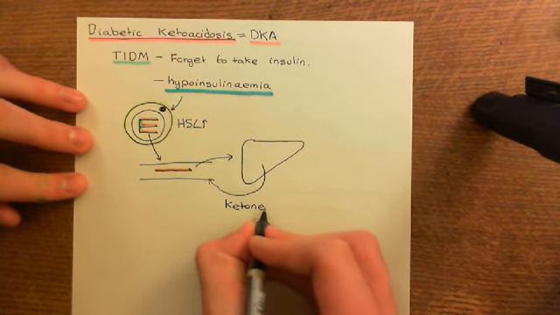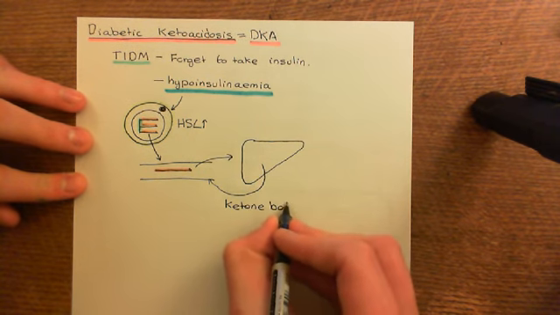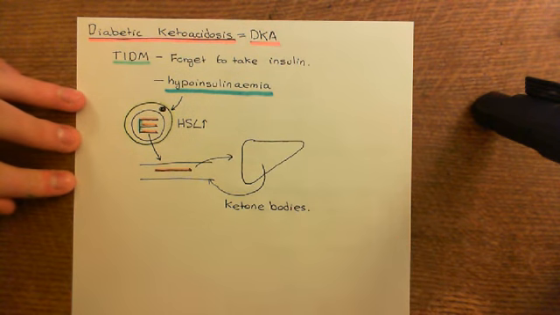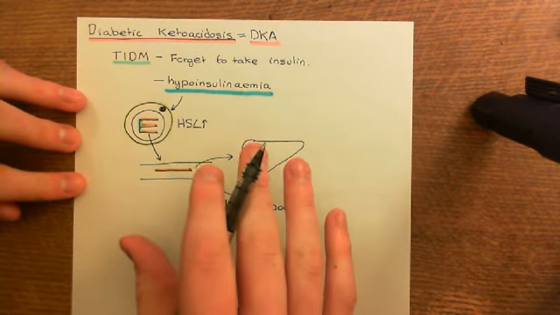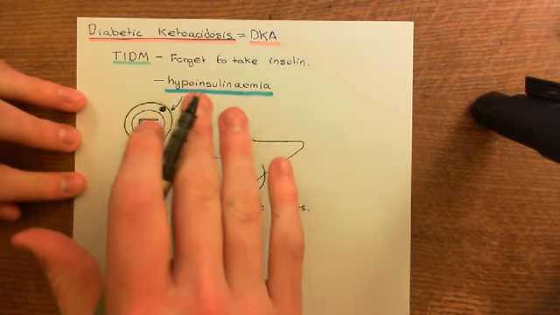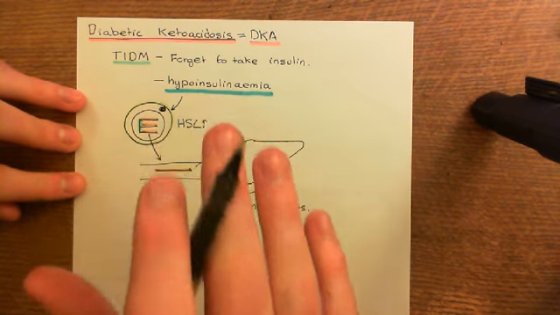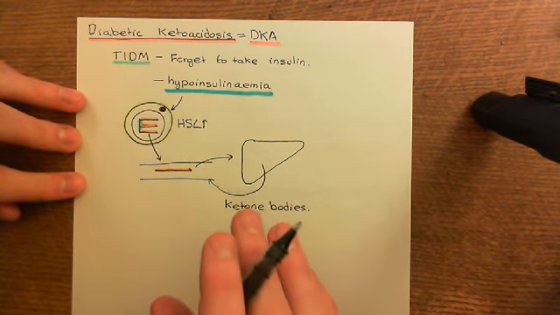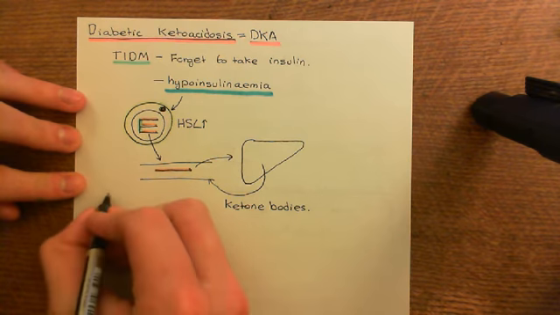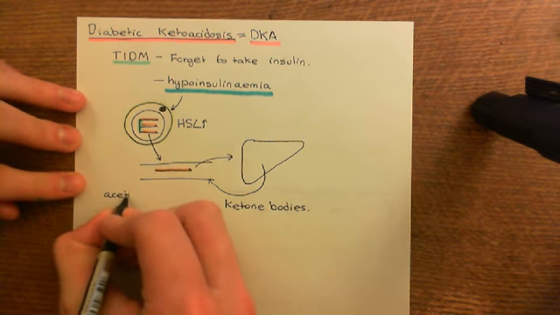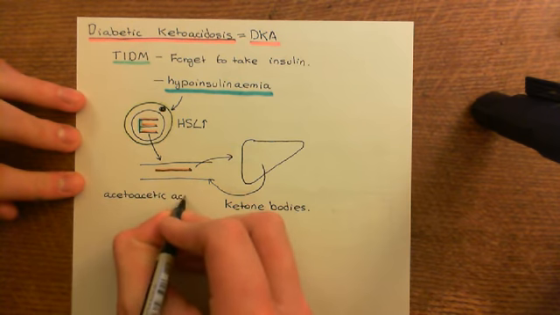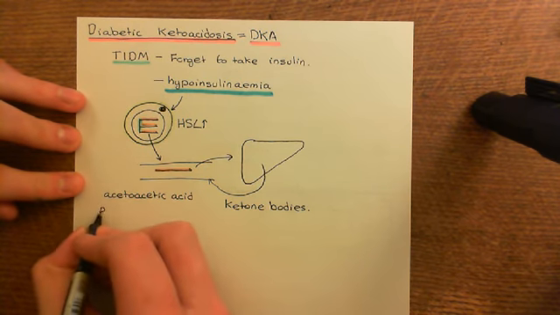This is done to protect the body, because these ketone bodies can be used by the brain as an energy source. The problem is, if this goes out of control, which it will do if insulin levels go through the floor, you're going to end up producing far too many ketone bodies. So you're going to produce far too much acetoacetic acid and far too much beta-hydroxybutyric acid.